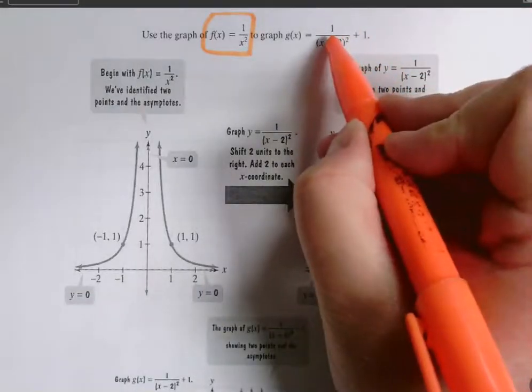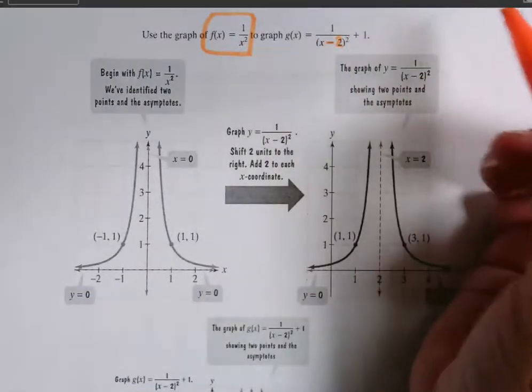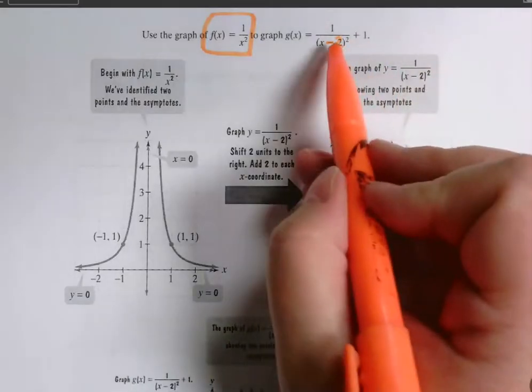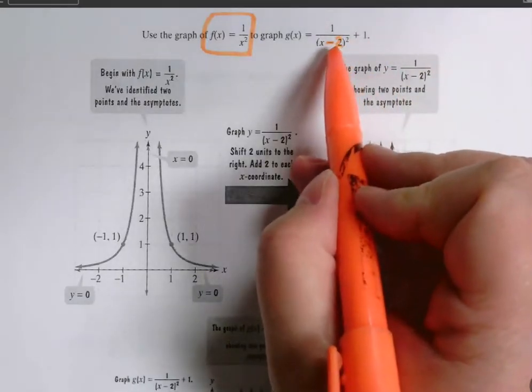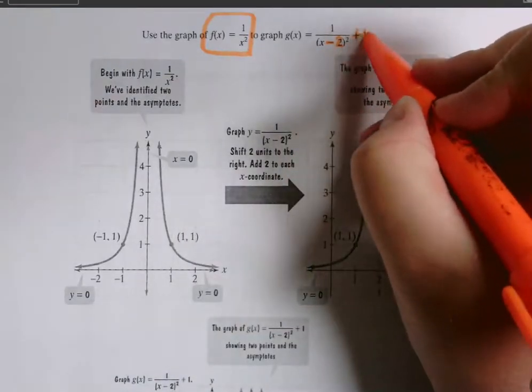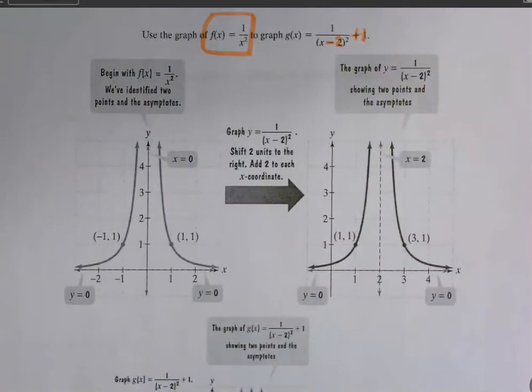We've got this -2, and it's inside the squaring that is happening to x. So we would think of that as being inside what's happening to x, so that would be horizontal. And then we've got this +1, which is not inside the squaring that's happening to x, it's outside. And remember, things that happen outside the main idea of your function are vertical.